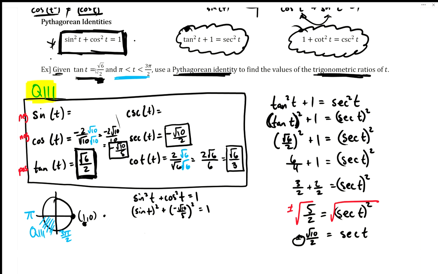And then we'll simplify. We've got sine of t squared. Now the negative is getting squared, which becomes a positive, so it's still plus square root of 10 squared is 10. 5 squared is 25. Okay, so we have 10 over 25. We would need to subtract that over. So we've got minus 10 over 25 on both sides.